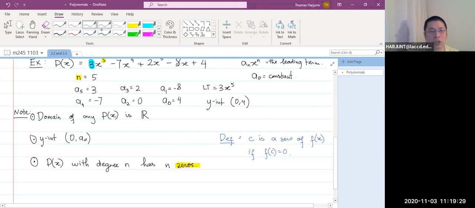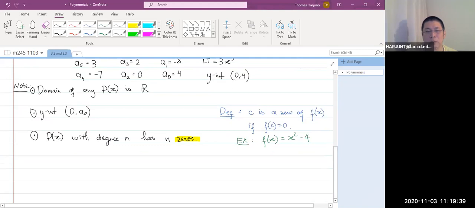Just to explain that terminology, suppose I have f(x) equals x squared minus 4. Then we say the zeros are x equals 2 and x equals -2. Why?